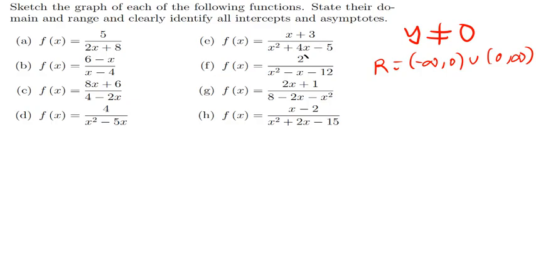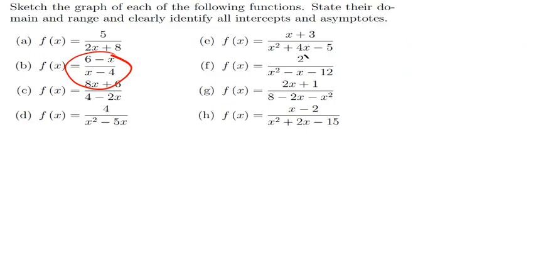The one who was behind, are we together now? Yes. The way this function is, the bottom and on top have the same degree of x. What I mean is, this is x to the power 1, this is also x to the power 1.